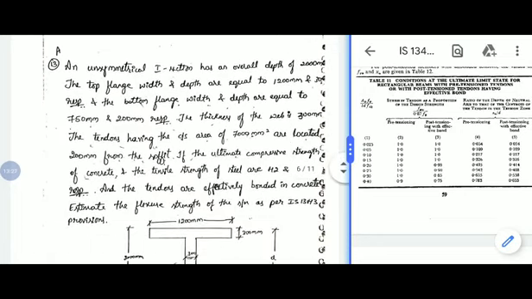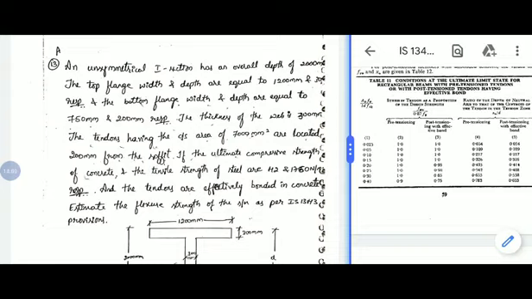Next problem: a symmetrical I section has an overall depth of 2000 mm. The top flange width and depth are equal to 1200 mm and 300 mm respectively, and the bottom flange width and depth are equal to 750 mm and 200 mm respectively.